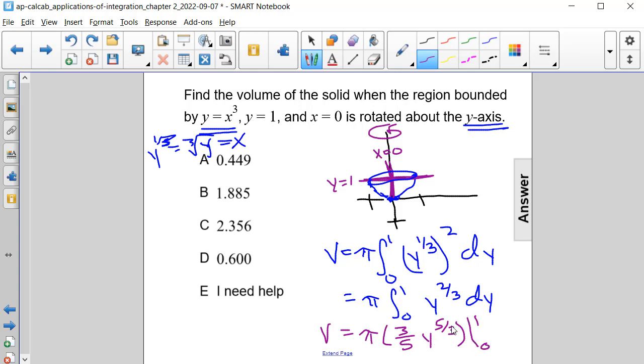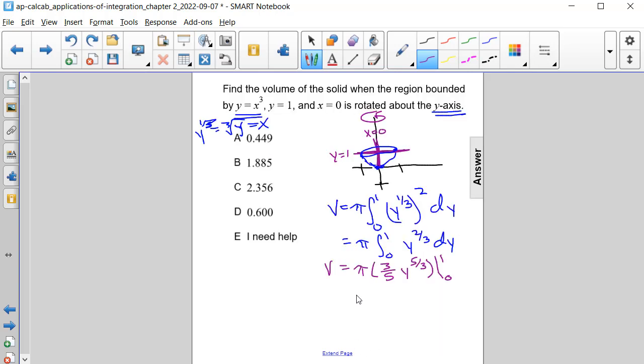If we substitute 1 in there, 1 raised to the 5/3 power is 1, times 3/5 is 3/5. So we'll have pi times 3/5 minus, and if I substitute 0 in there, we end up getting 0. So we have 3/5 times pi as our solution.